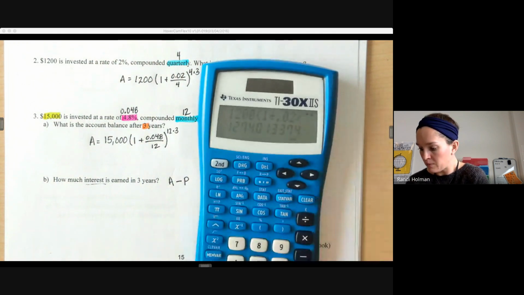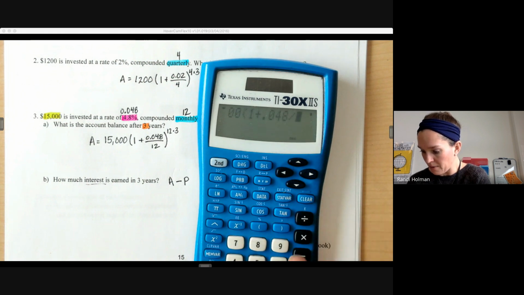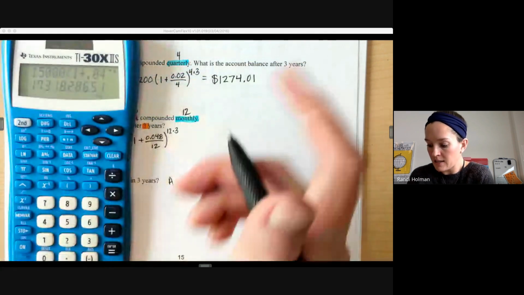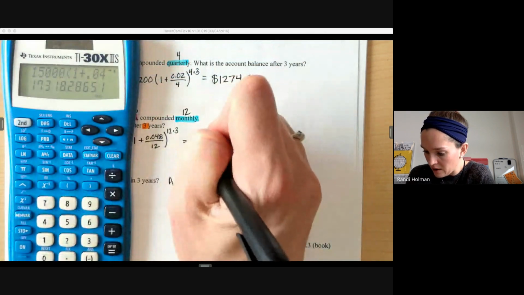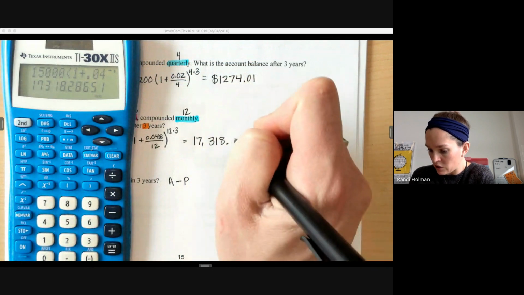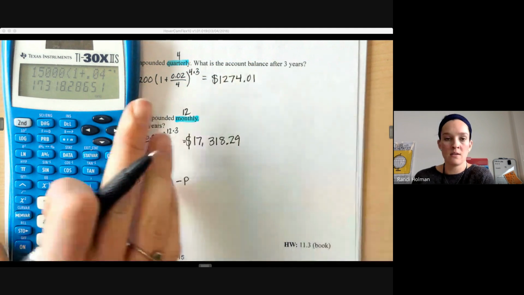So then from there, we can put that into 15,000, 1 plus 0.048 divided by 12 to the, make sure you have parentheses, 12 times 3, or actually do that, and it's 36. Okay, so we now have $17,318.29.